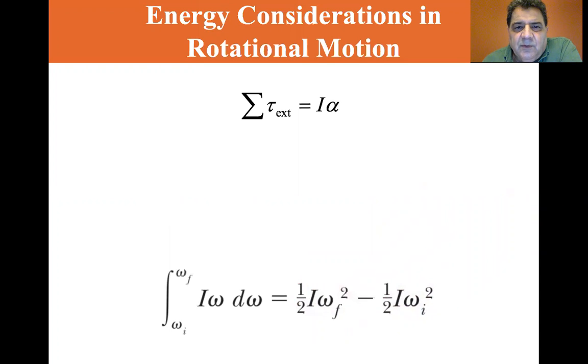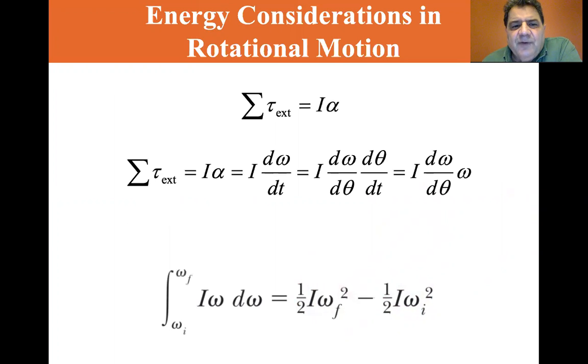Okay, so the torque is equal to I alpha. The sum of the torques is I alpha. What is alpha? Alpha is d omega dt, and so d omega dt equals d omega d theta times d theta dt. So I alpha equals I d omega over d theta times omega, because d theta dt is omega, the time rate of change of angular position.